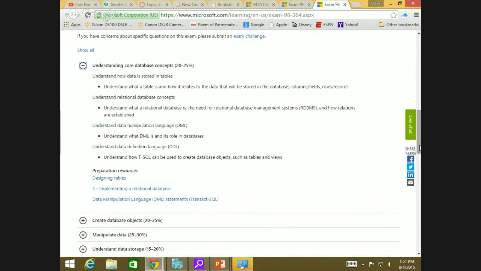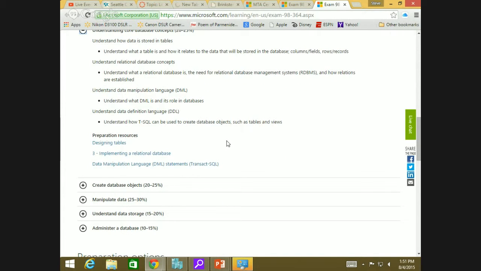And it has things like understand what a table is and how it relates to data that will be stored in the database, columns, fields, rows, records. That's pretty simple. Understand what a relational database is, the need for relational database management systems, and how relations are established. So that would probably include normalization, as well as what a SQL Server is and how a management system works.